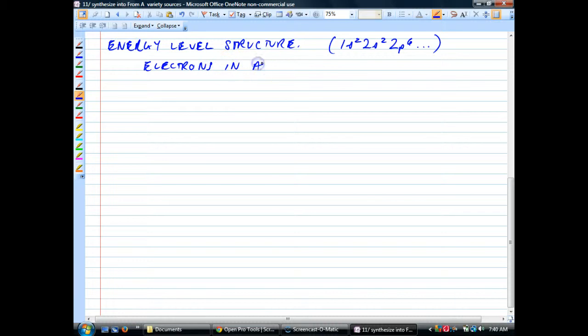Electrons in atoms can be described by 4 parameters. Parameters, you could say properties.